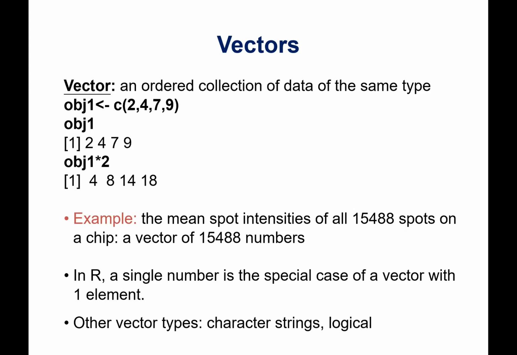One example in a microarray experiment is the mean spot intensity of all 15,000 spots on a chip, which is a vector. In R, a single number is a special case of a vector with one element. Other vectors may include character strings, for example our sequence data, or logical vectors.